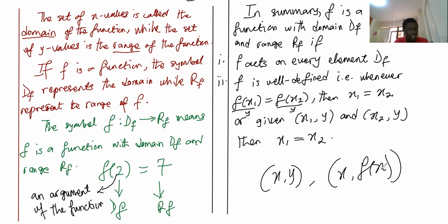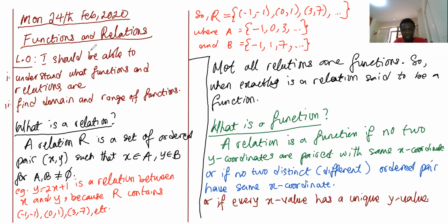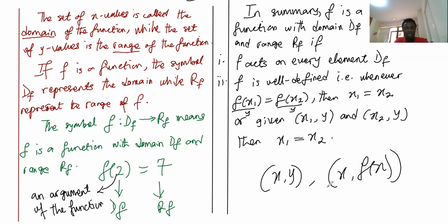It's the same as what we said here. So these are the 2 main criteria you need to be on the lookout for if you must check for a relation to be a function.